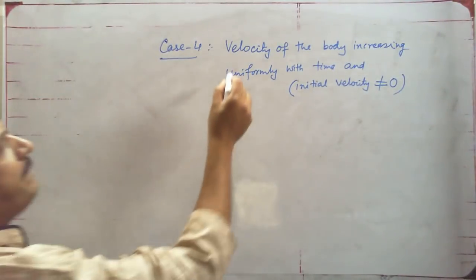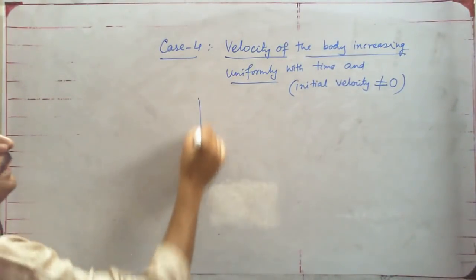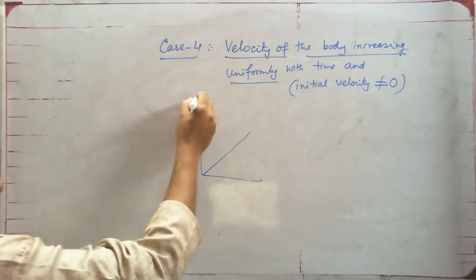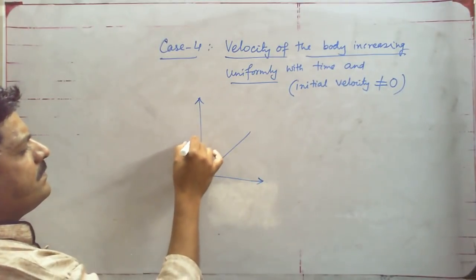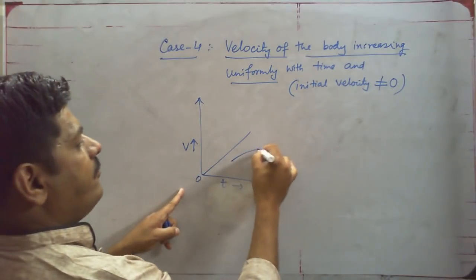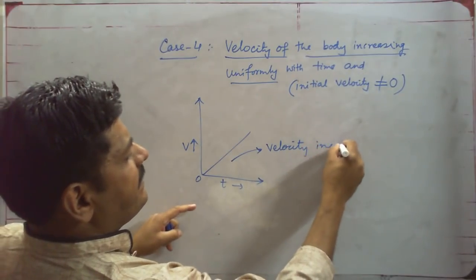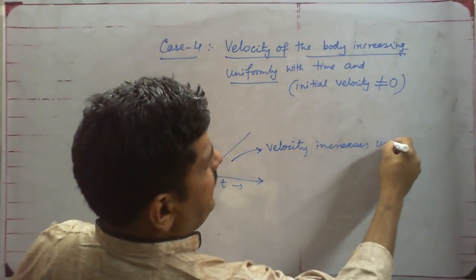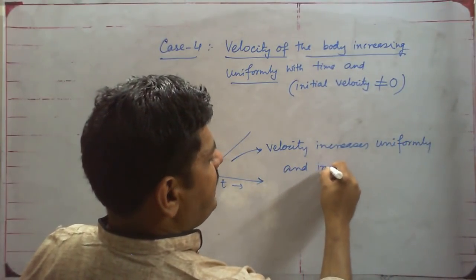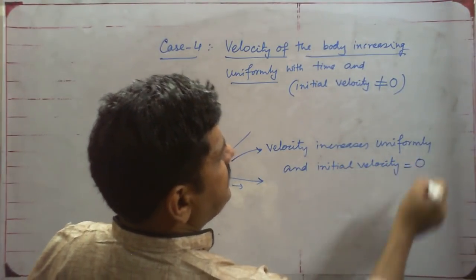So if you look at the statement, velocity of the body is increasing uniformly, so when it increases uniformly the graph should come like this, but what is the problem with this graph? In this graph, velocity increases uniformly and initial velocity is 0.